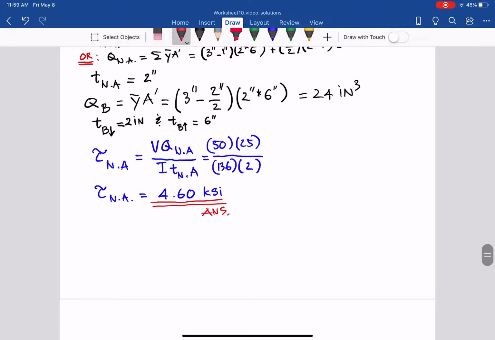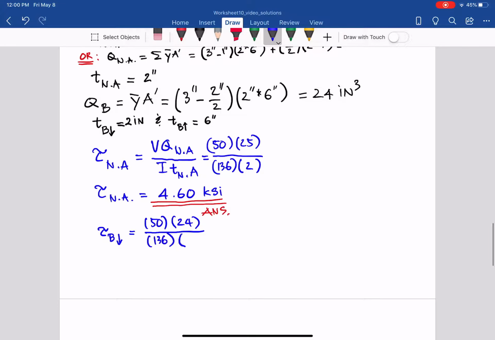And the tau for point B, the thickness depends on whether B is linked to the flange or linked to the web. So if it is linked to the web, then we have V is 50, Q for B is 24, and I for the whole cross section is 136.